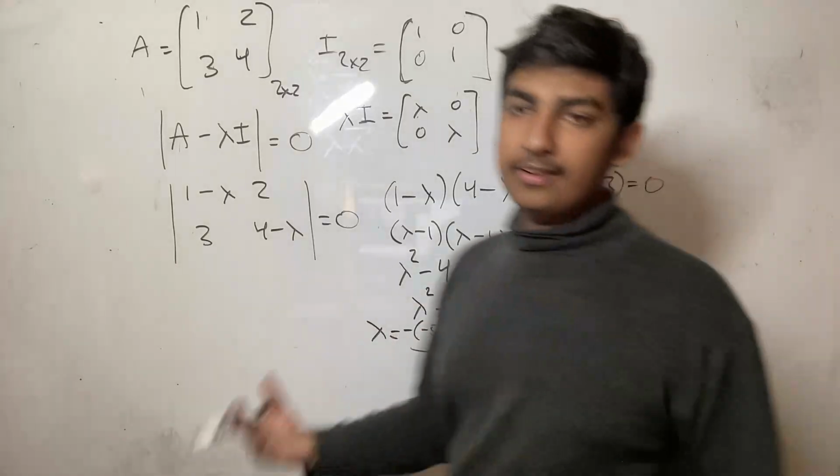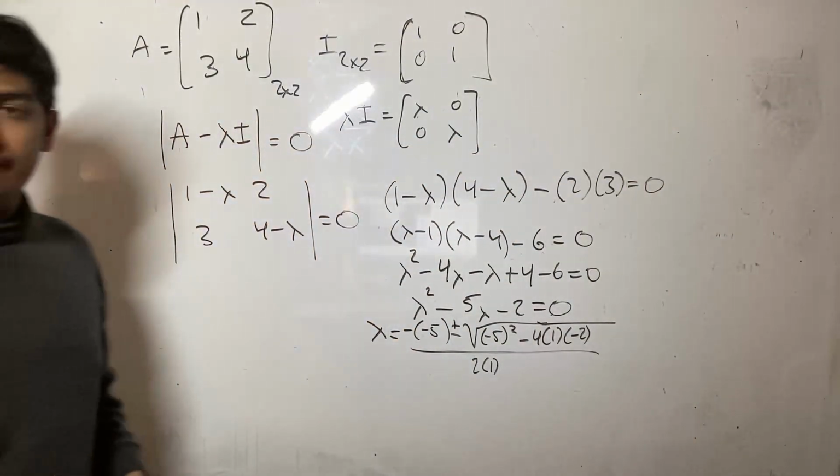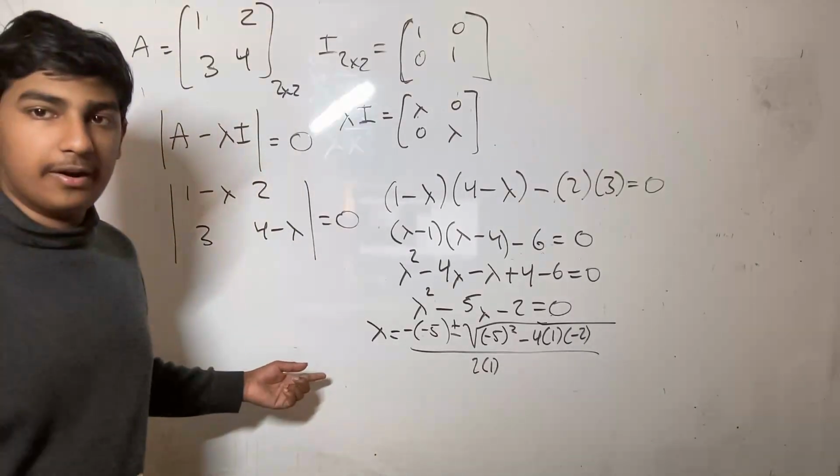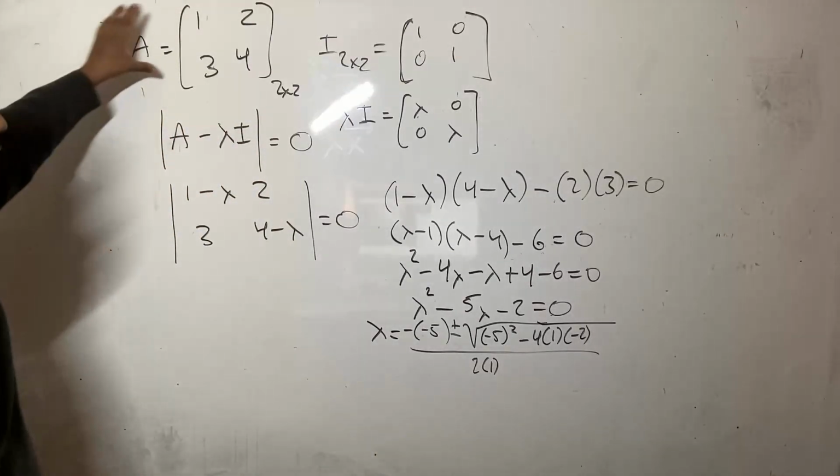What you notice here is that because we have a plus or minus, we're dealing with two eigenvalues in this case. So there are two characteristic values for this matrix.